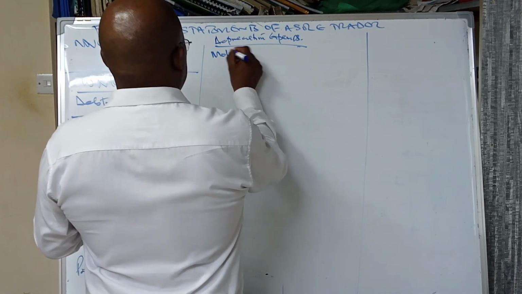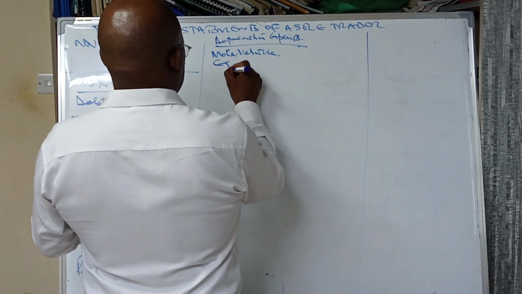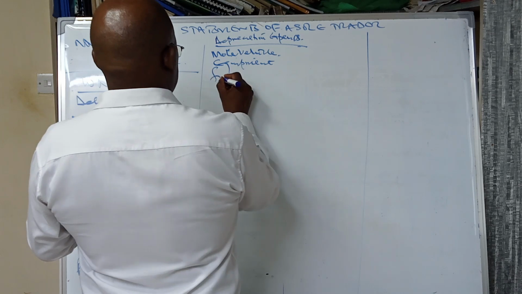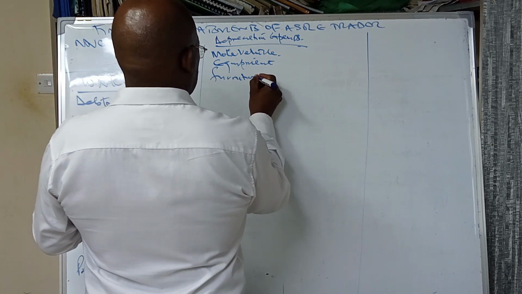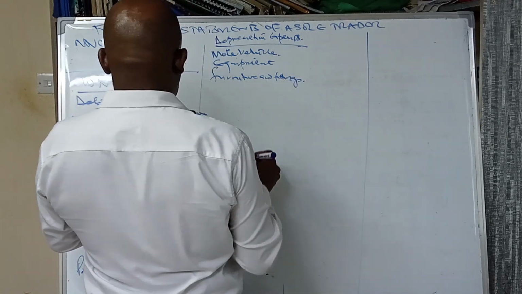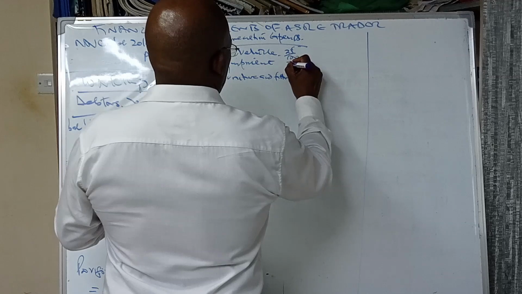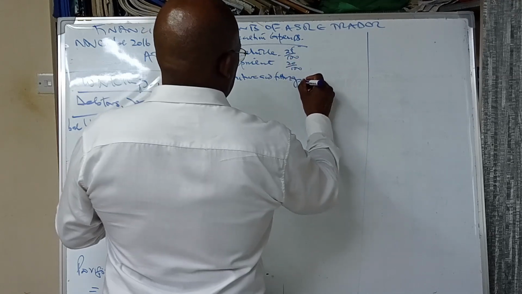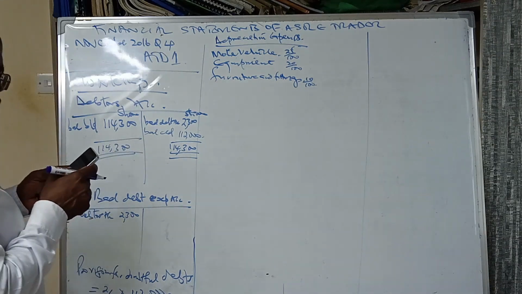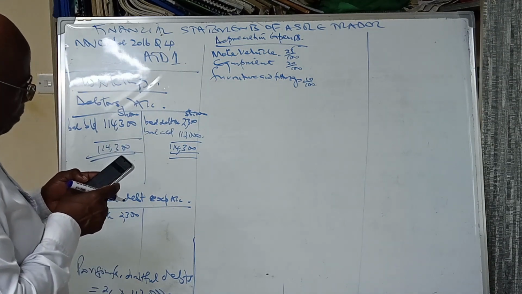The rates are 25%, 20%, and 10%. Those are the expenses. We apply that on the original purchase cost, because we are told that they are depreciated on a straight line basis.